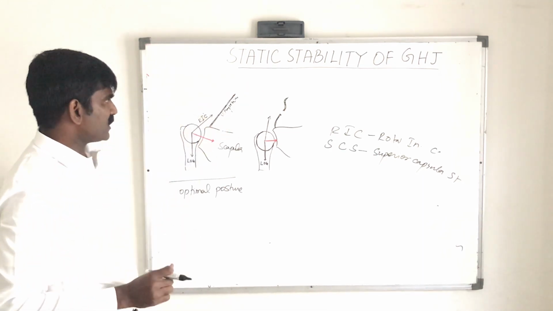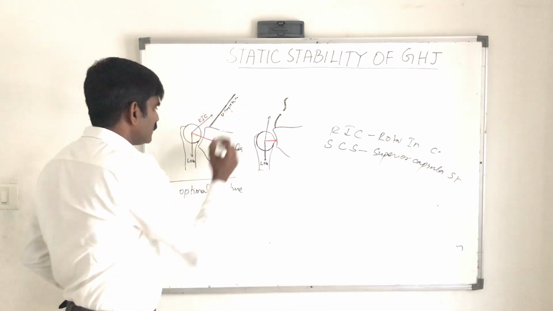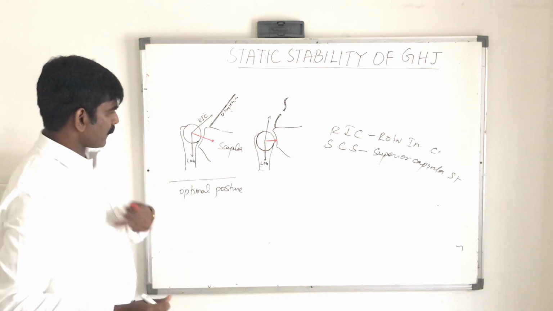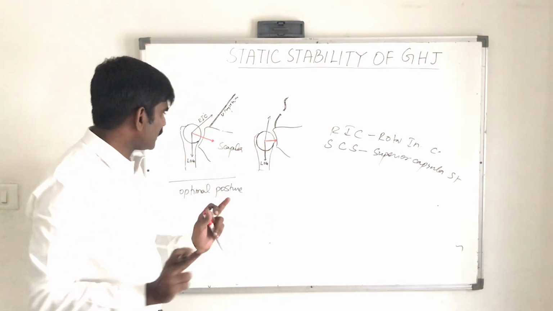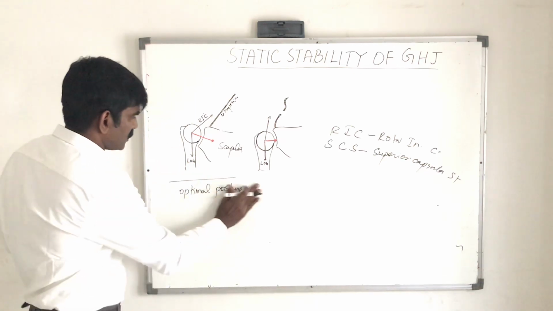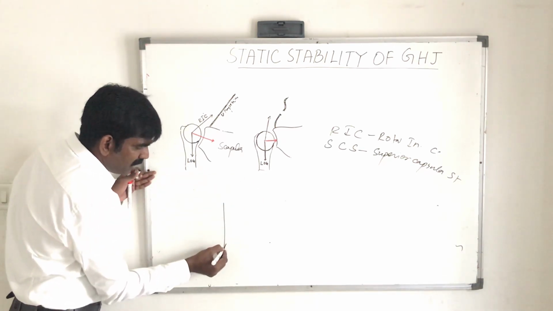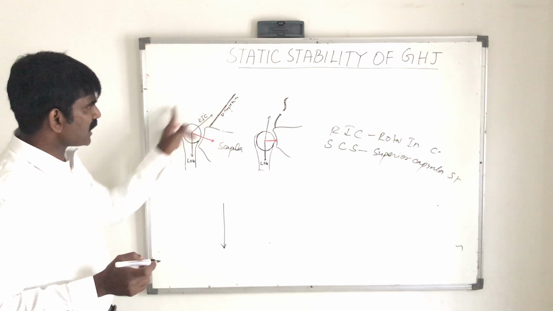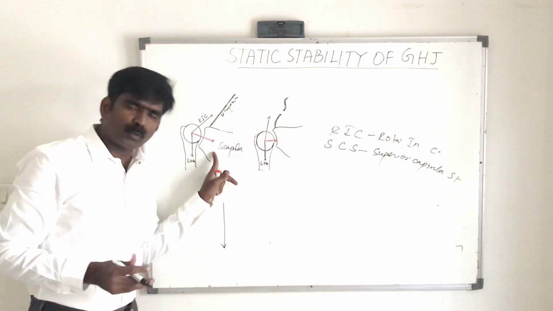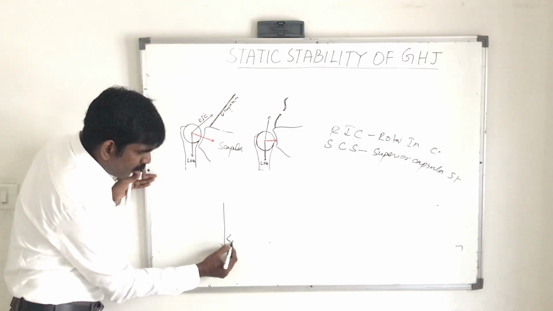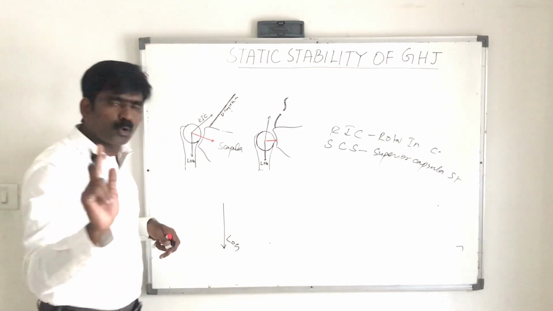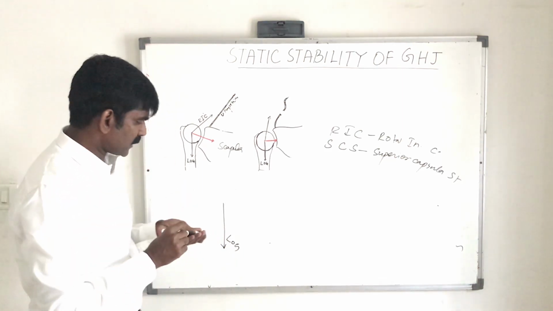This is passive tension, and upper trapezius. So gravity is acting in this direction. In optimal posture, listen carefully. In optimal posture of the scapulothoracic joint, the line of gravity is opposed by two forces.